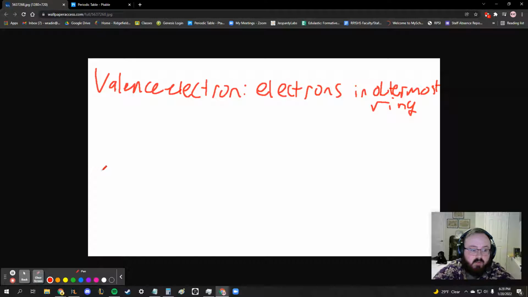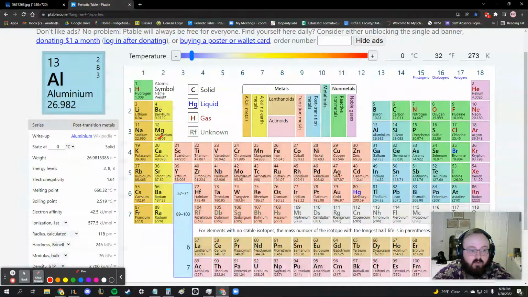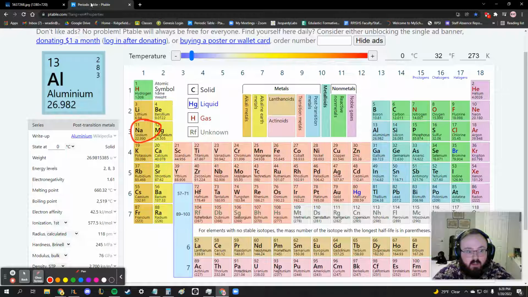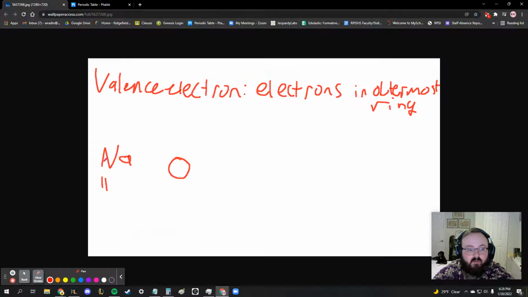So if we were to take, just for example, sodium, and we go to our periodic table, sodium has 11 electrons. That is our atomic number, 11. So let's start with our rings. Here's our first ring. We have 2. Our second ring, 1, 2, 3, 4, 5, 6, 7, 8.